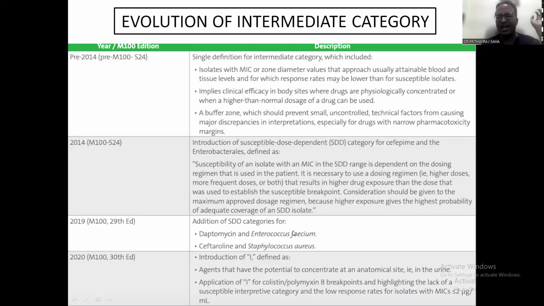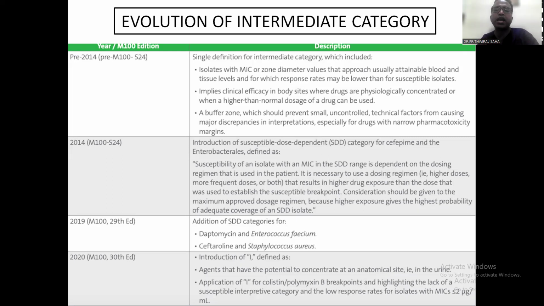We have seen many antibiotics being given as intermediate in the antibiotic susceptibility testing chart, right? Now we keep apart colistin and polymyxin in the intermediate category. We will be discussing that in a subsequent slide. Now I am talking about a normal drug.